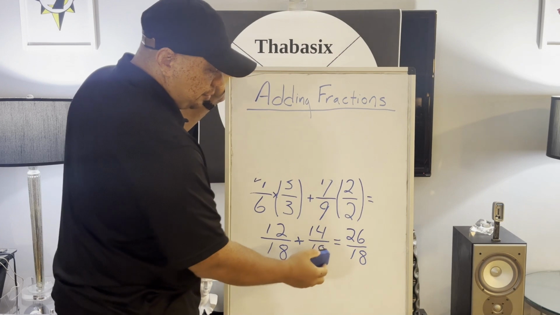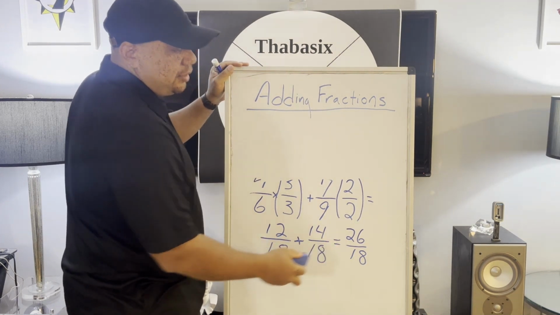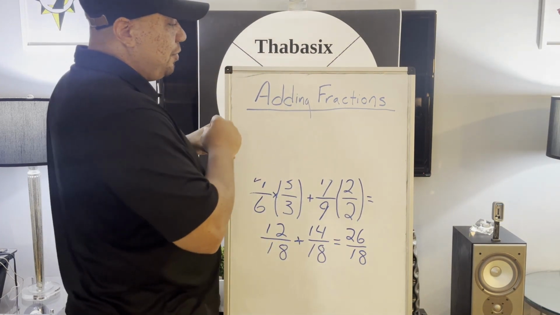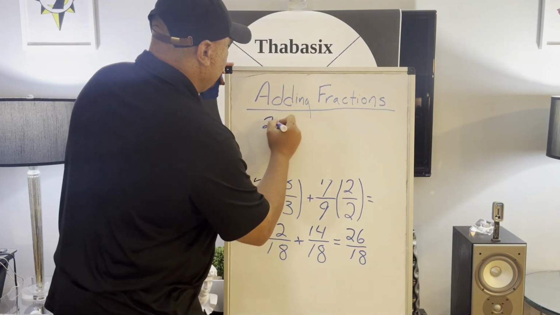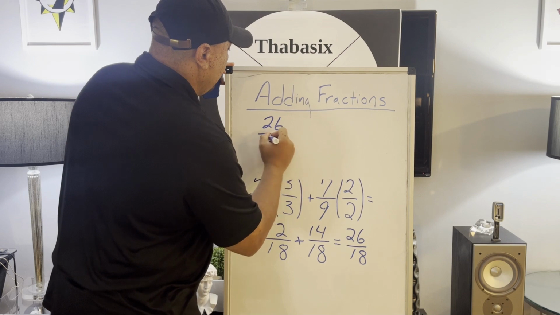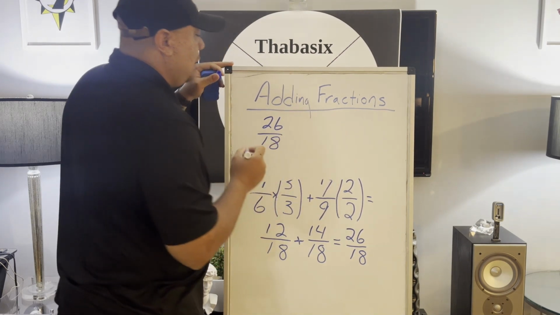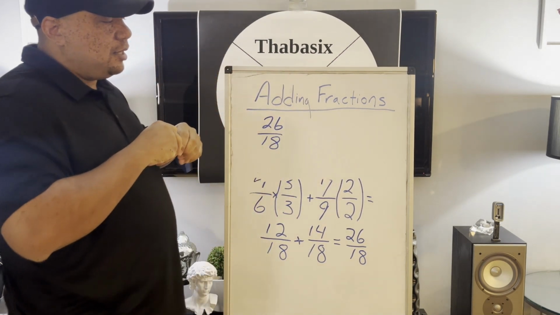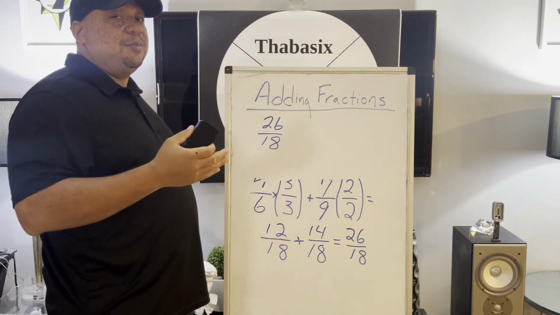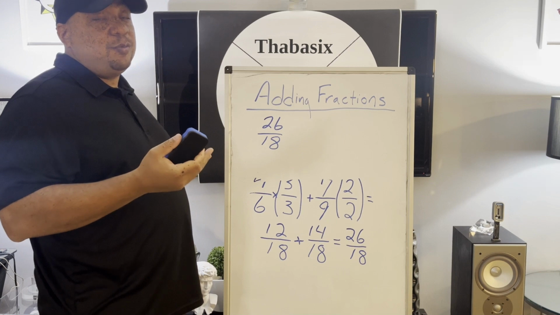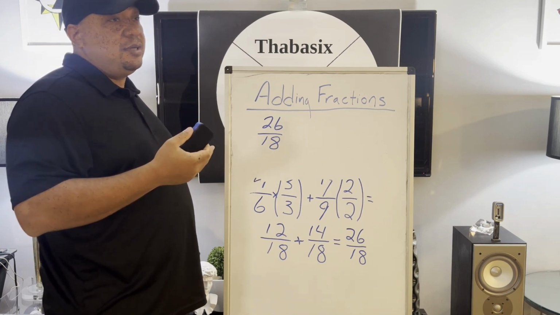All right, so remember, it's 26 over 18, which is now an improper fraction. Usually if you're taking a test or an exam, they say reduce it to its simplest form. Simplest form usually means the mixed number.